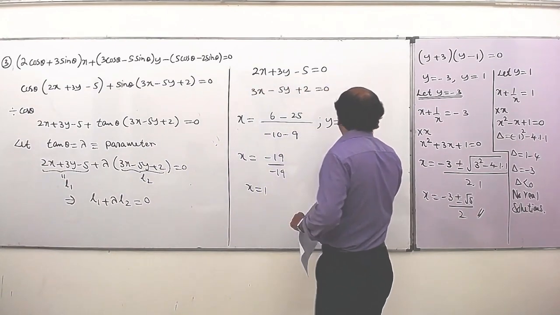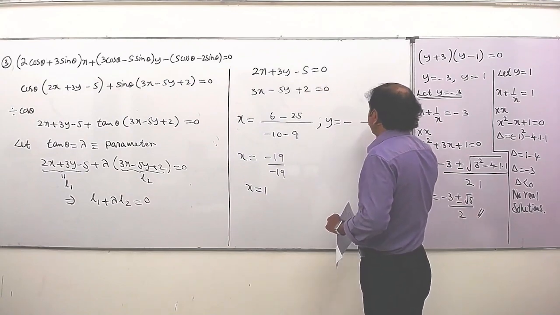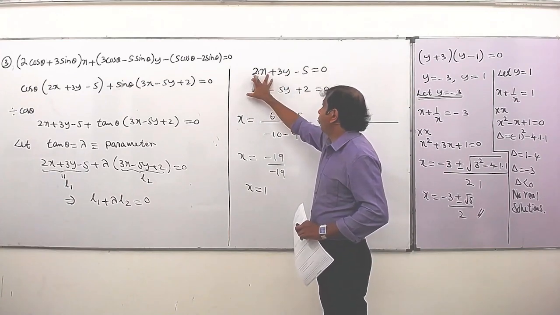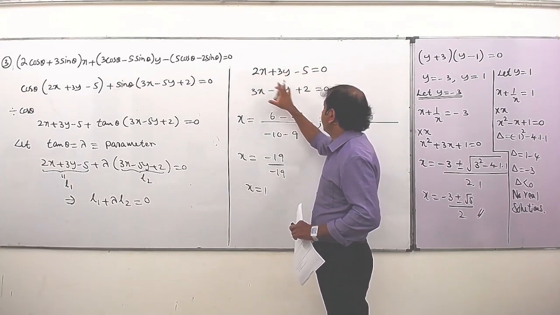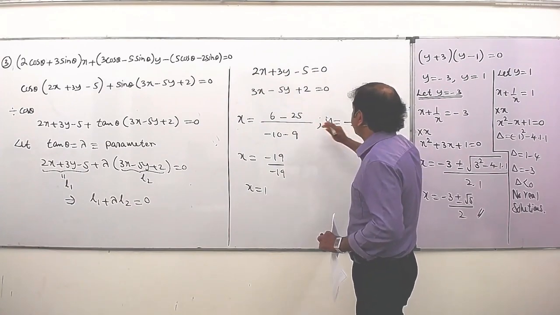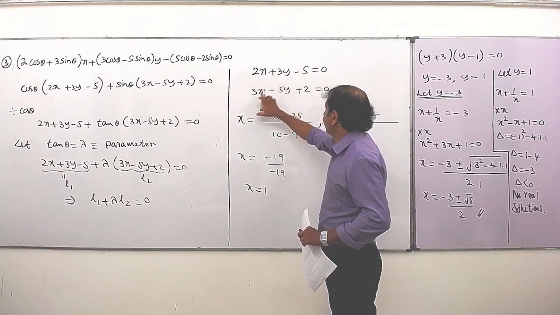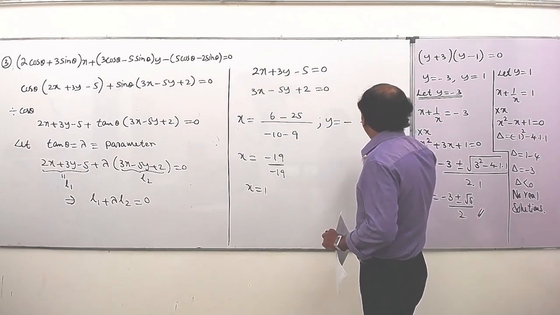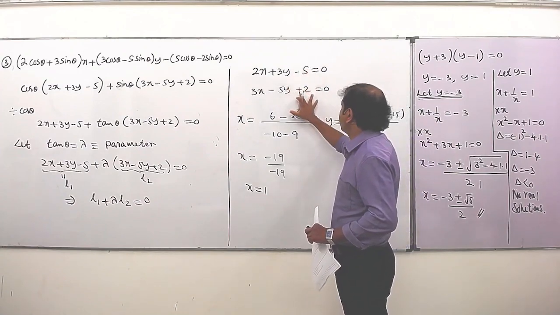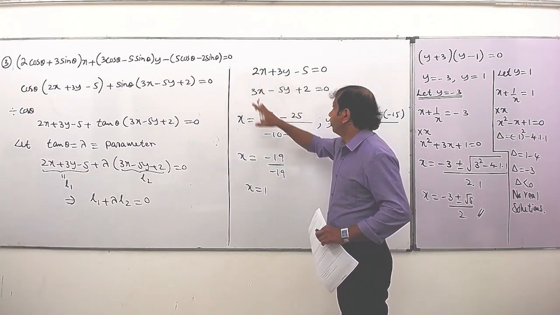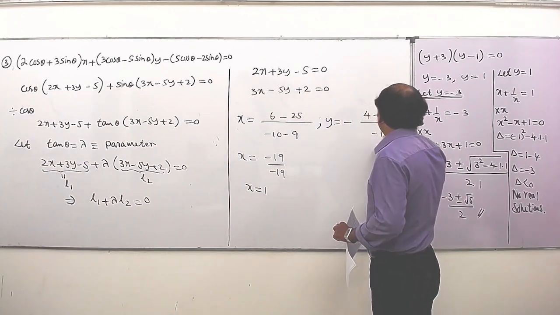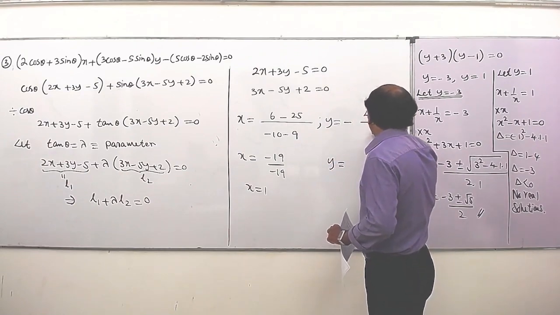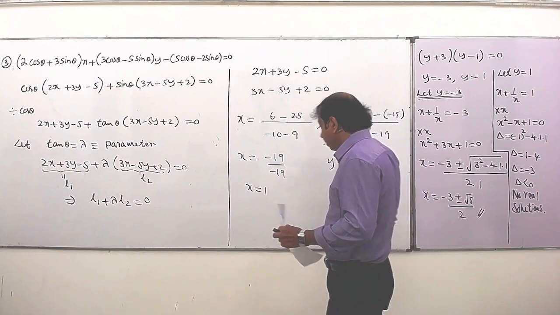To find y, put a minus sign, ignore the column containing y, and take 2 and 2 to make 4, minus 5 into 3, minus 15. Divide by the same denominator, ignoring the column containing the constants. Then we get y equal to 19 over 19, the minus cancels, so y is also 1.